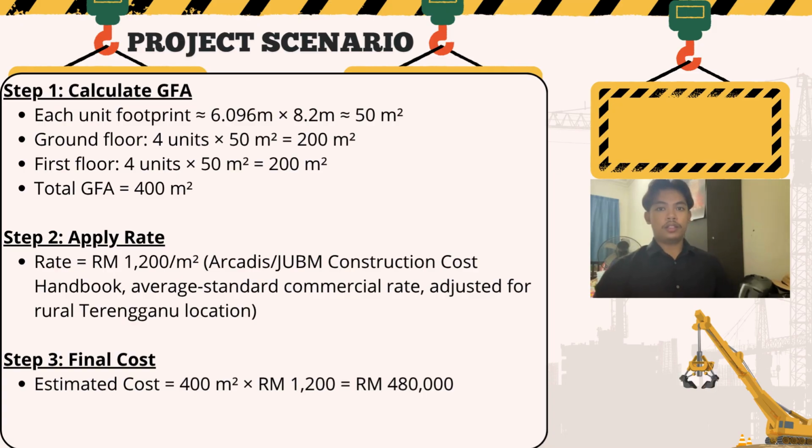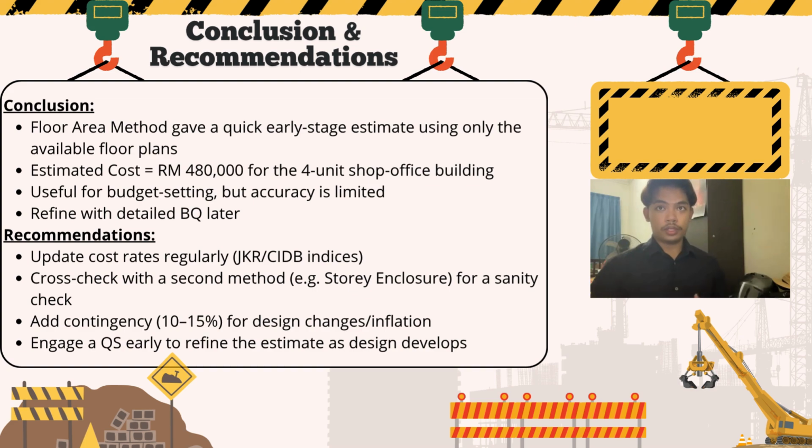And finally, I multiplied the GFA of 400 square meters by the rate of 1,200 ringgit per square meter. That gives us an estimated project cost of 480,000 ringgit.